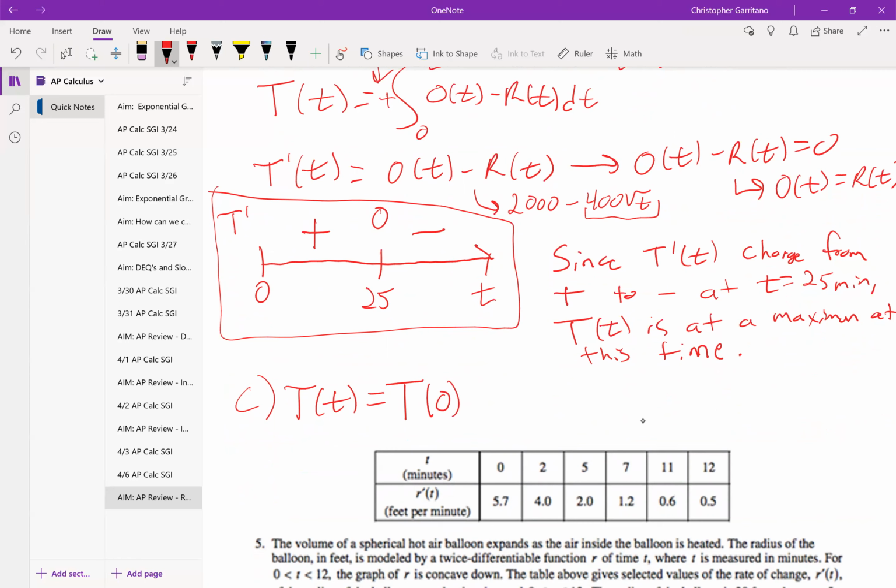And I'm going to define 0 just for your purposes. 0 represents the time when the removal device started.